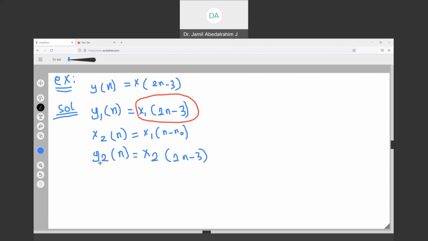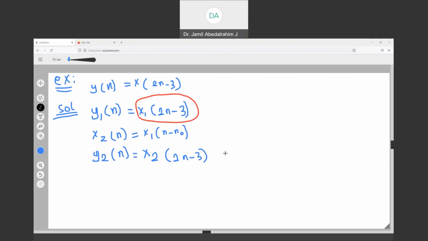So y2 of n equals x2. Where is the x2? Here. This is our x2. x2 equals what? It equals x1 of n minus n naught.